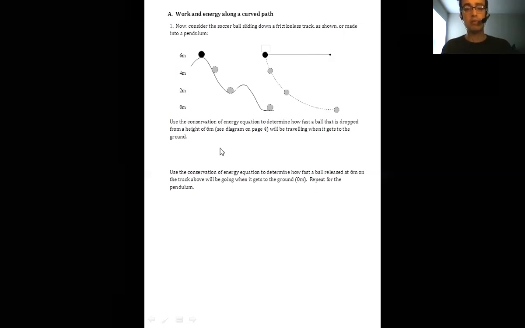The first thing that this problem asks us to do is use the conservation of energy equation to determine how fast the ball that is dropped from a height of 6 meters will be traveling when it gets to the ground. This is something we went over in some detail in the previous lecture, and we'll just run through it very quickly here.